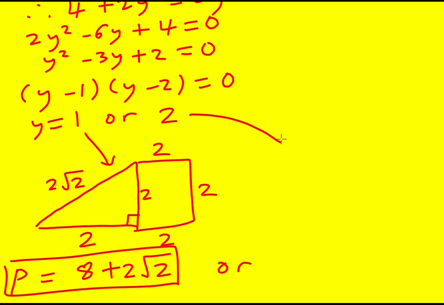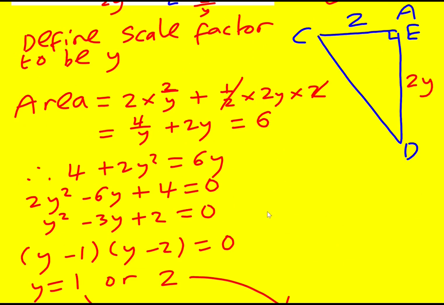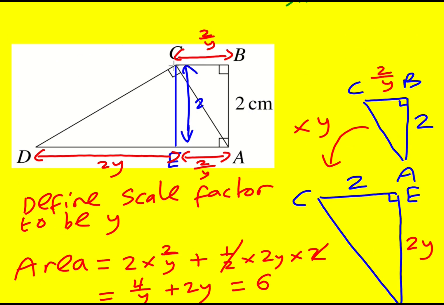Or when y is 2, same kind of diagram. But this time y is equal to 2, so how does that affect things? This is actually going to be 1, and this is going to be 4.